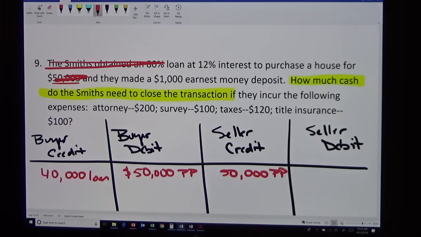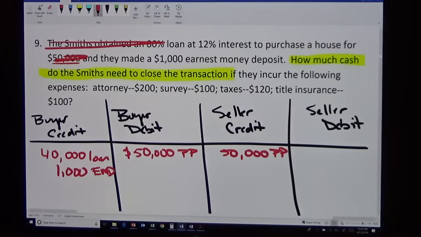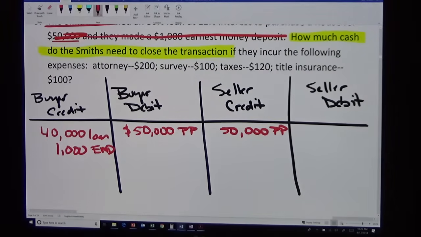It says they made a $1,000 earnest money deposit. Well, an earnest money deposit is a credit to the buyer, so that's $1,000. That's nothing on the seller side because the seller doesn't have that money. They didn't touch that money. They have the following expenses: an attorney for $200. Well, that's a debit to the buyer, so $200 for the attorney. $100 for the survey.